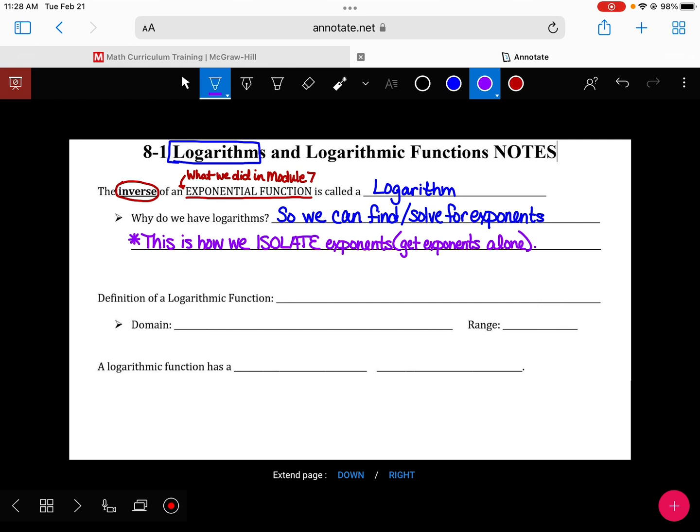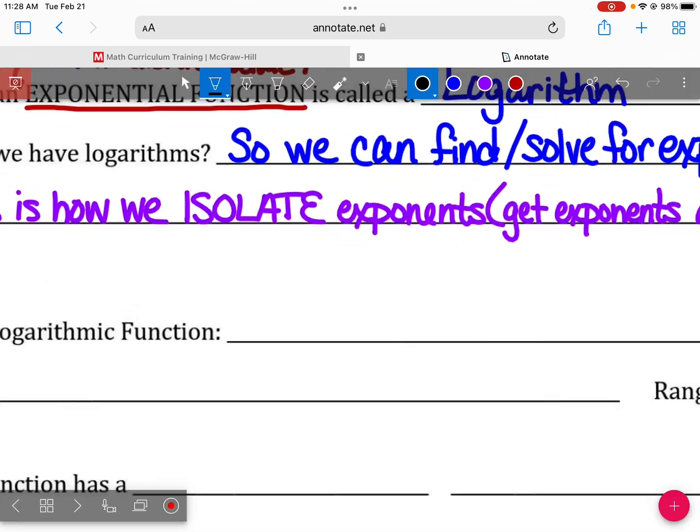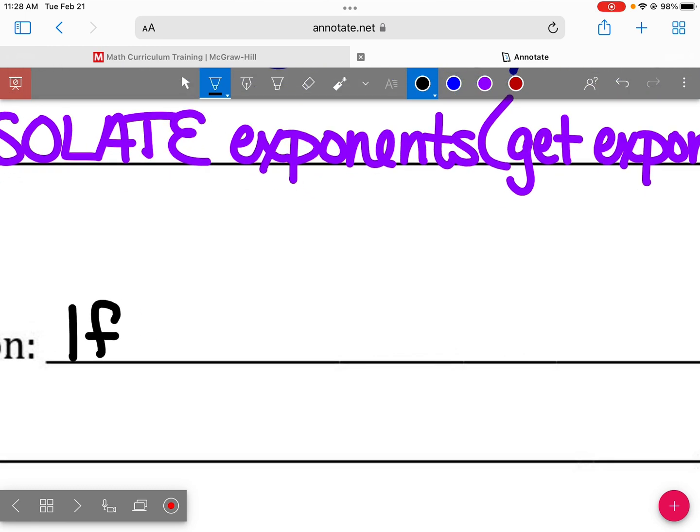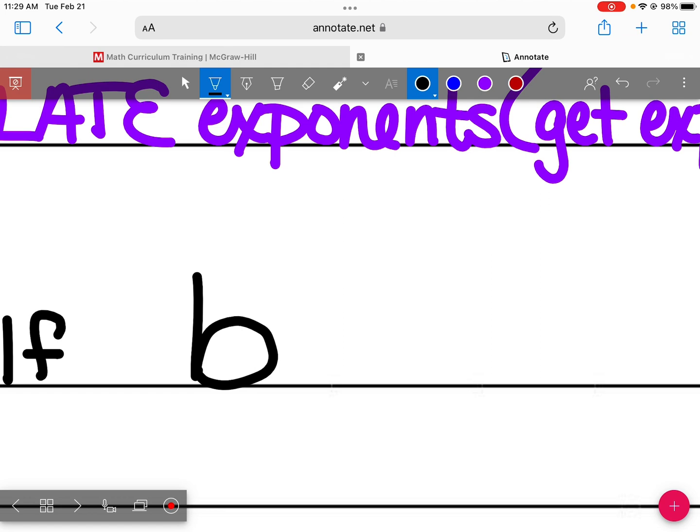So the definition of a logarithm. We have to define it based on what we know about exponential functions. So if I have a base b to an exponent, we're going to call the exponent y, and that equals x.